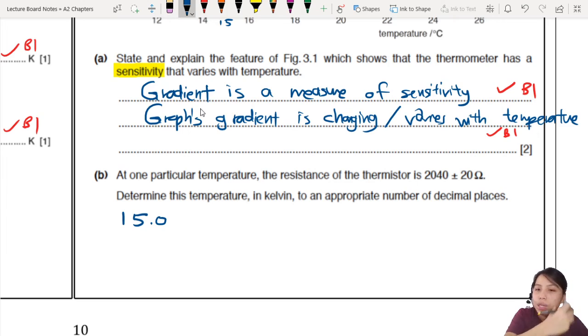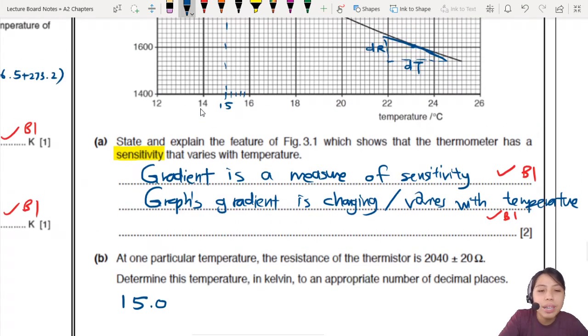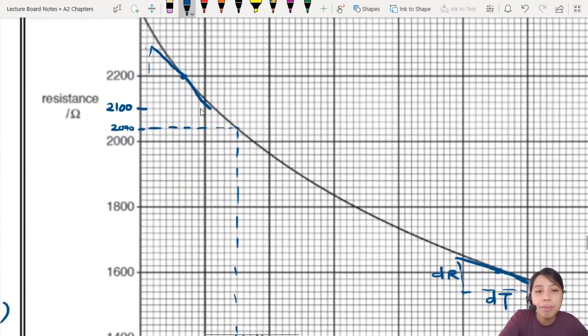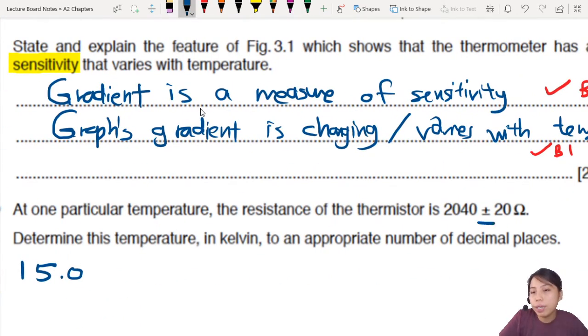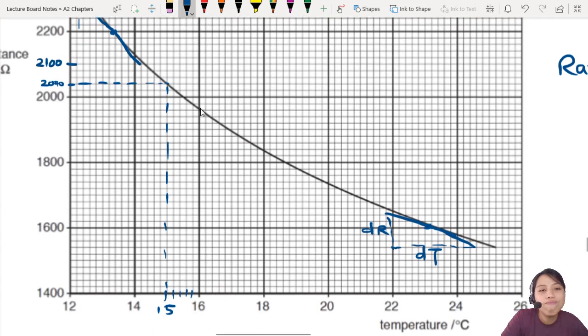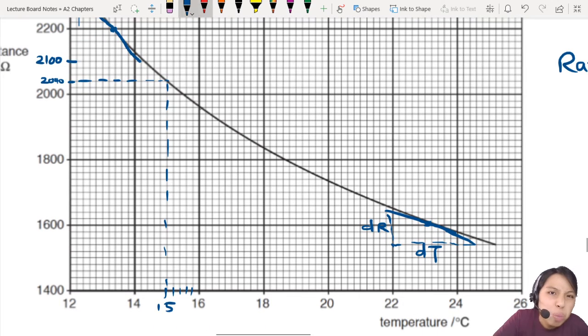Okay, let's also include the uncertainty. Why not? Since it's good practice. So the original uncertainty is 2040 plus minus 20. So plus minus 20, that will be down here and up there. This is kind of like paper 5, you do uncertainties.